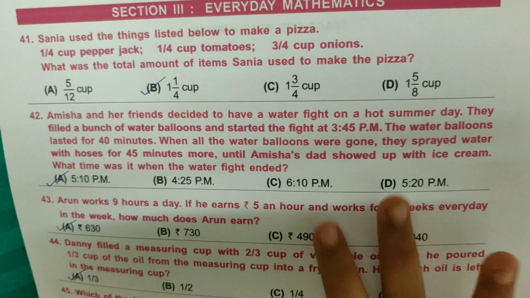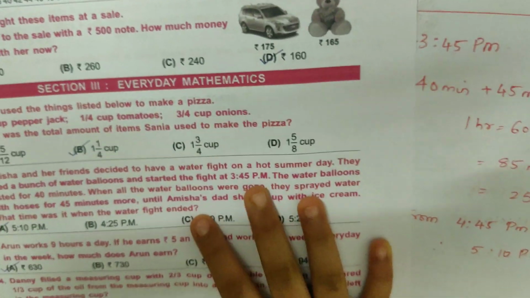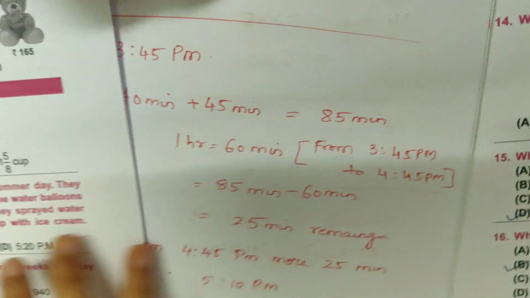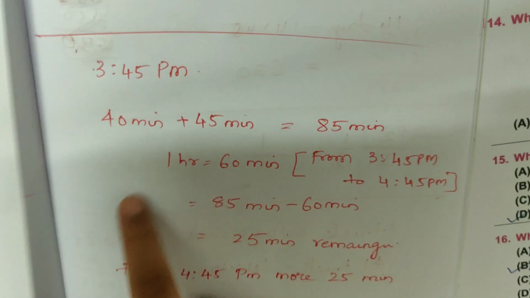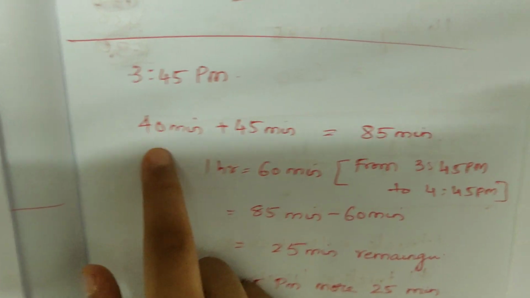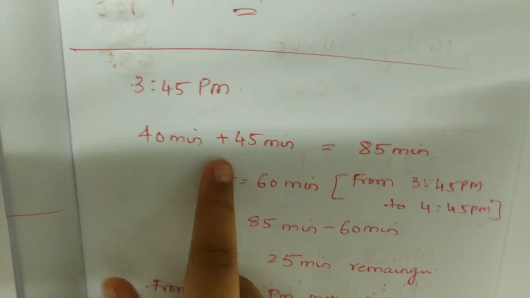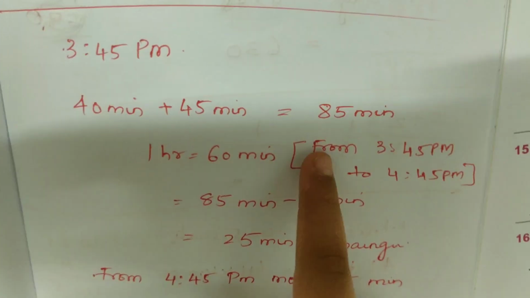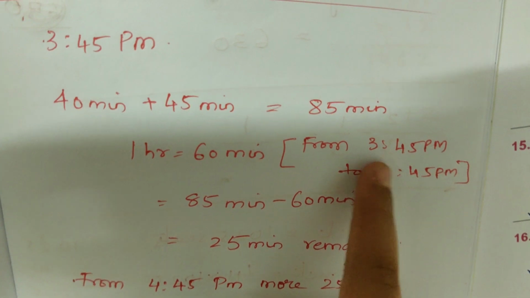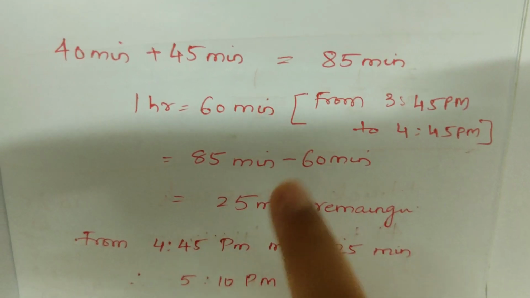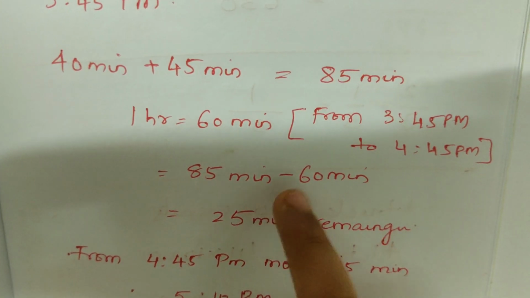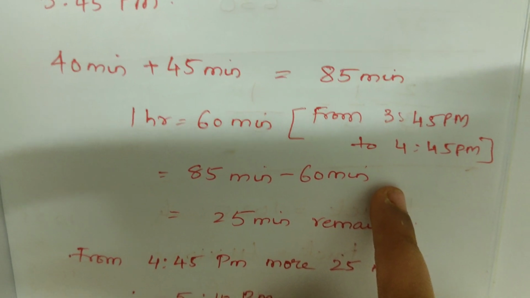So it says that they started it at 3:45 p.m. First we need to add 40 minutes and 45 minutes, which equals 85 minutes. 1 hour equals 60 minutes, and 85 minutes is more than 60 minutes.